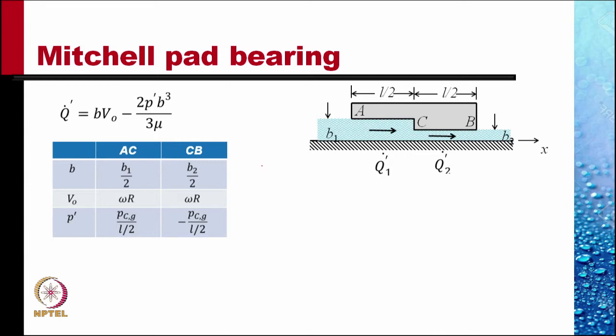So we can simply write P prime as PCG divided by L by 2. For the second part of the channel, that is part CB, the pressure gradient would be the same but with the opposite sign, minus PCG divided by L by 2.